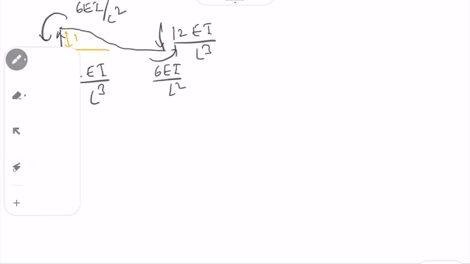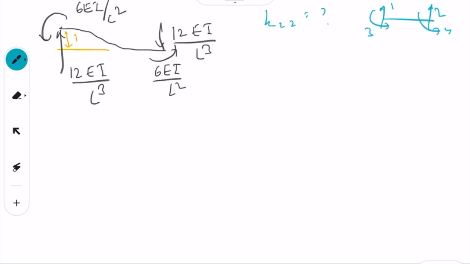Now if you look at the second case, if you have to find out K22 for example, then how will you find out? We know that we have system as 1 here, 2 here, 3 here, 4 here.